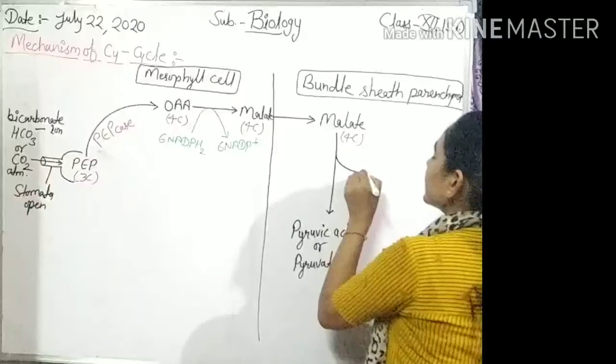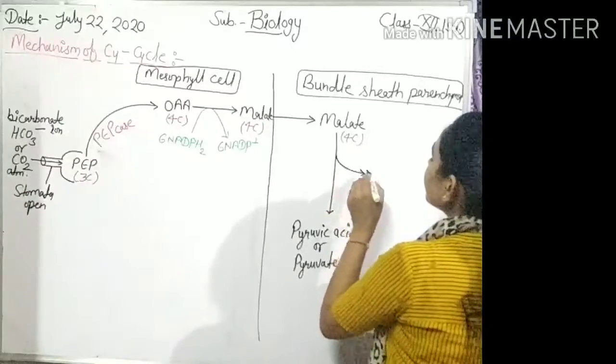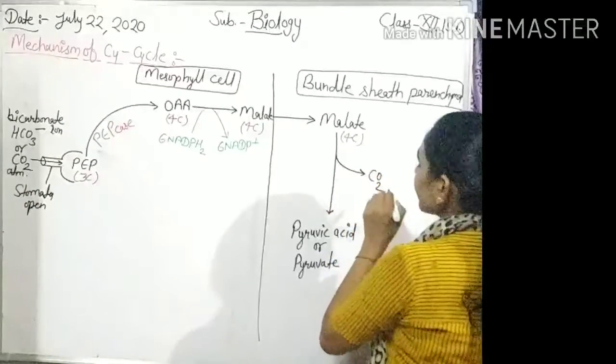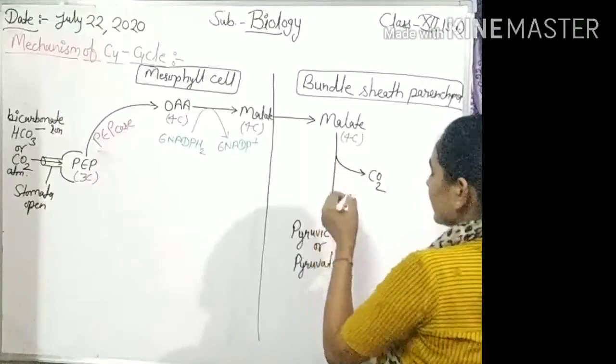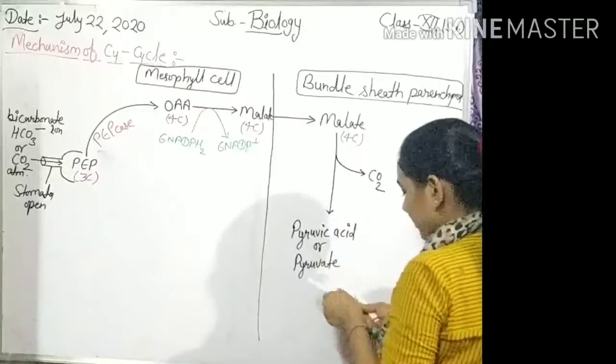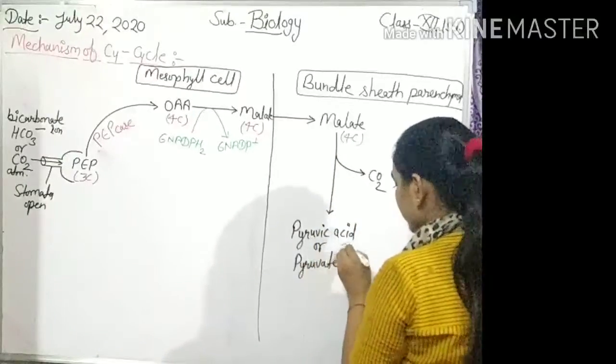With the release of one CO2 molecule, a 3-carbon compound, pyruvic acid, is formed.